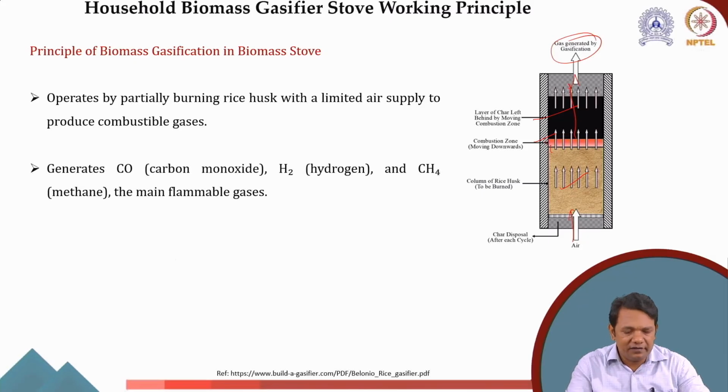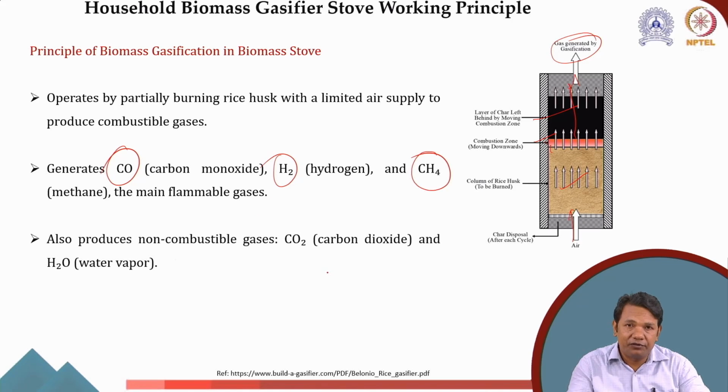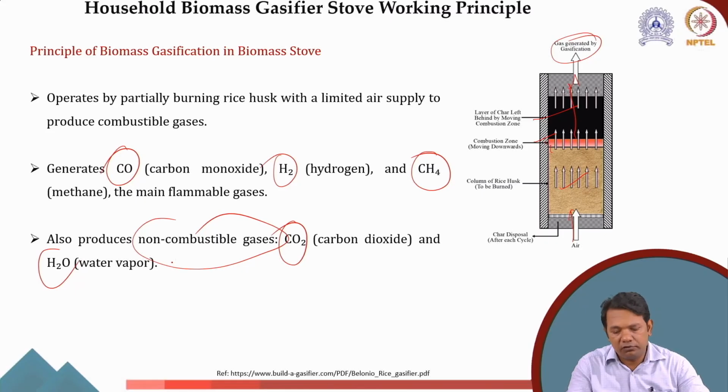The combustible gases, as I told you earlier, are carbon monoxide, hydrogen, and CH4. These are the main flammable gases, but you will also have CO2 and water vapor, which are non-combustible gases that you get as a byproduct, and by and large there is not much control on that.